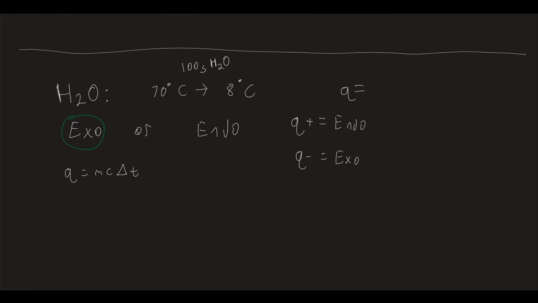So we need a mass, and we need the specific heat of water. Because we are in the liquid state, the specific heat of water is 4.184 joules per gram Kelvin.